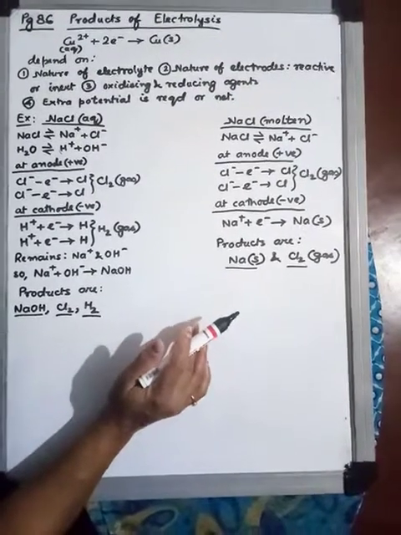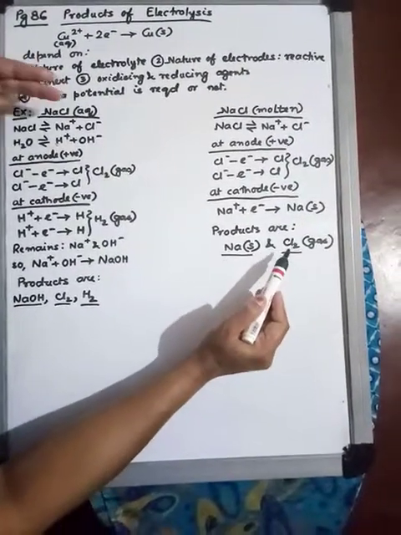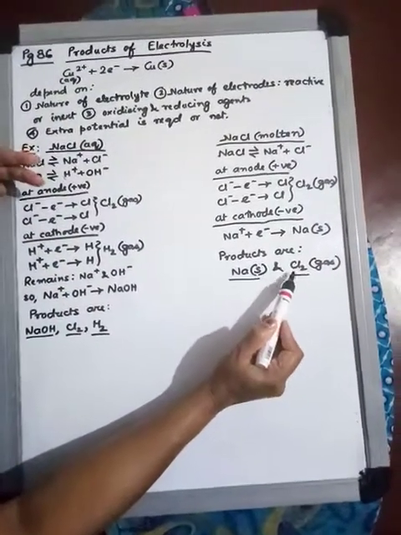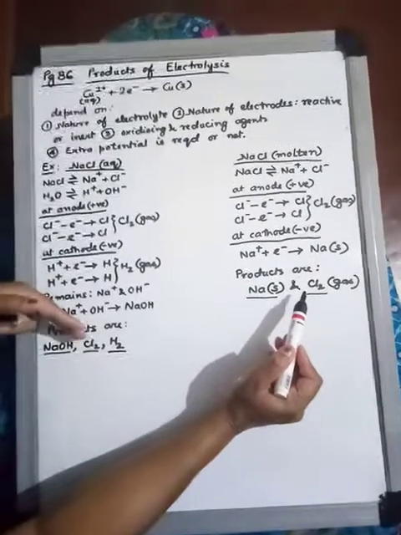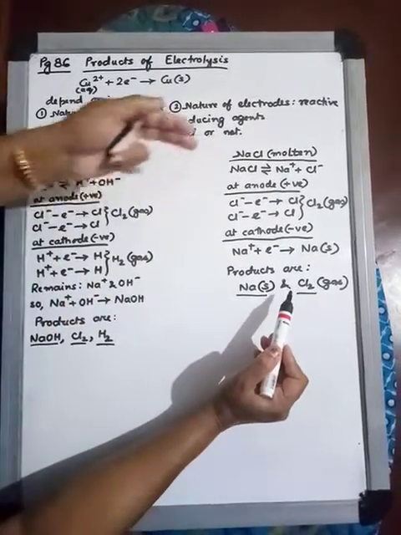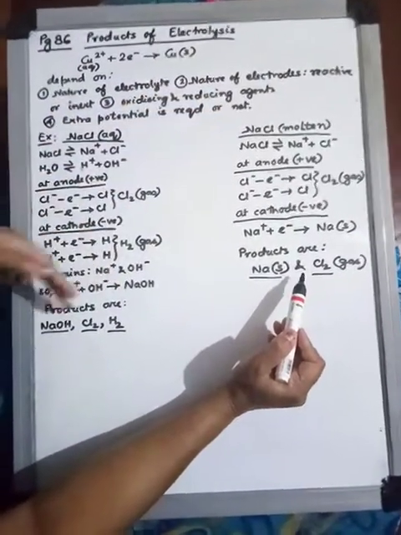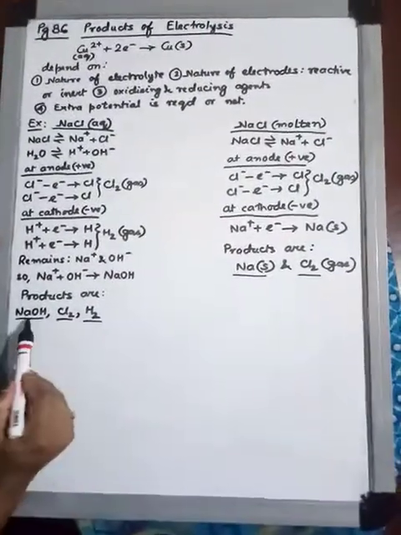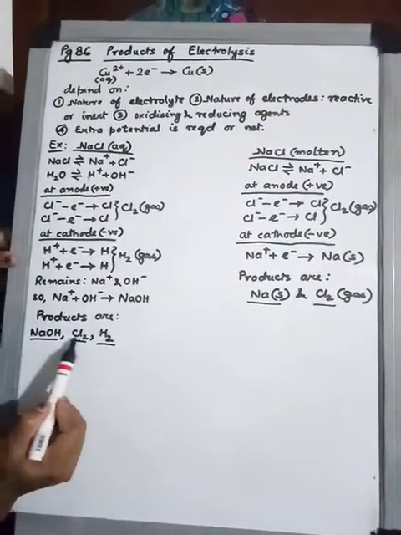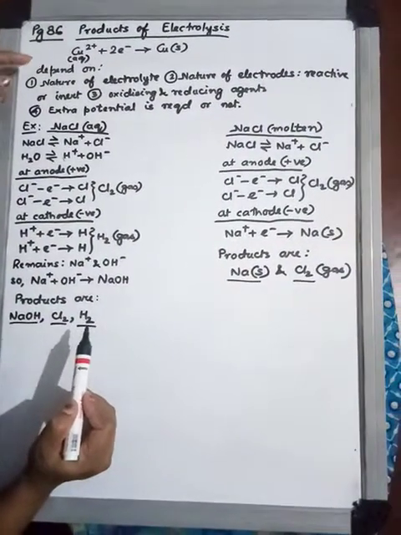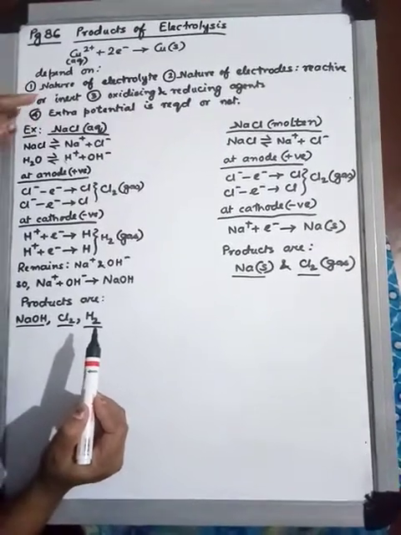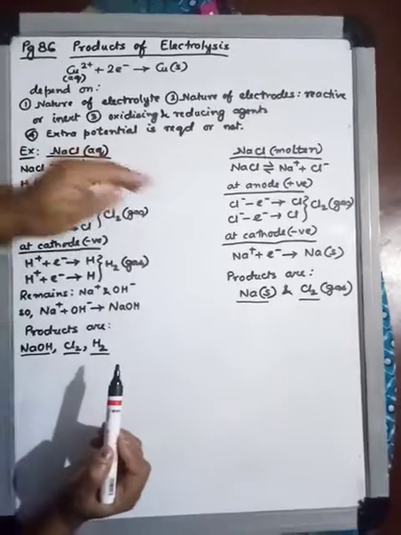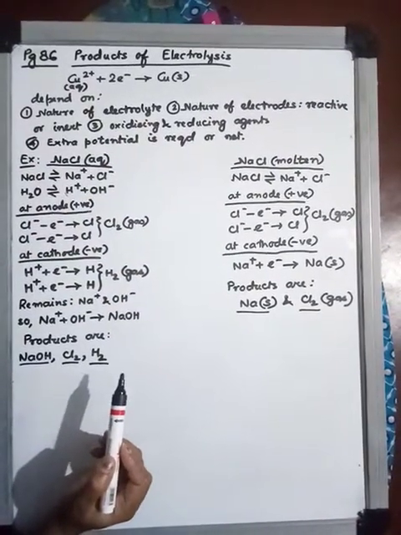You may want to get this and this, but you have started off with aqueous sodium chloride, so instead of getting solid sodium and chlorine gas, you now have NaOH, Cl2 and H2. And suppose you have taken molten sodium chloride and are expecting the other products, then you don't get them. So that's why the products of electrolysis depend on all these factors, and this decides for you what will be the products of electrolysis.